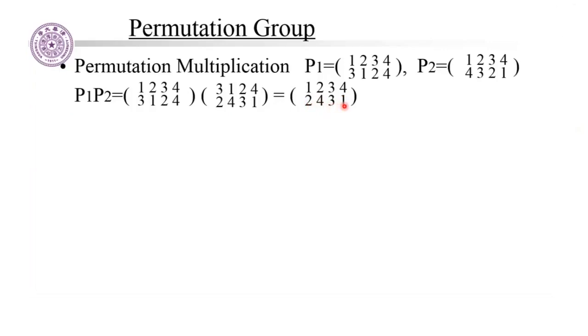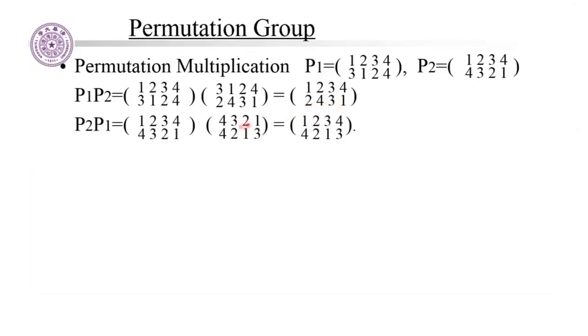And this time we look at it the other way round. For example, we operate P2 first, then P1. What will be the result? If we operate P2 first, 1, 2, 3, 4 will be transformed into 4, 3, 2, 1. Then we tidy up P1 following the sequence 4, 3, 2, 1: 4 is transformed into 4, 3 into 2, 2 into 1, 1 into 3.